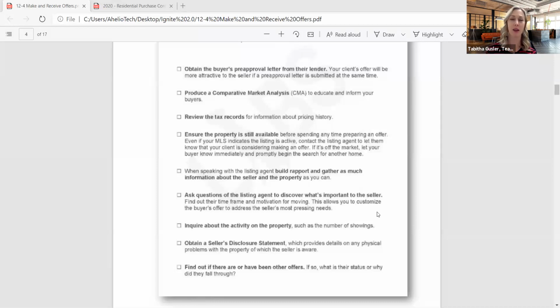Here's a funny one. Has anybody ever gotten bitten by this one? Ensure the property is still available. These days, what we're doing is calling before we schedule the showing and making sure it's still available, and finding out if there's any time frame in which we need to hurry up and move up our showing.